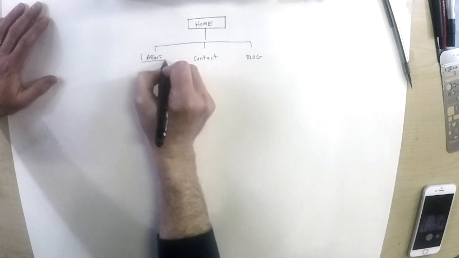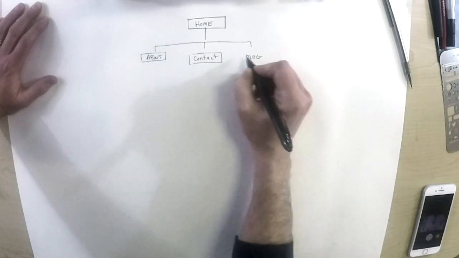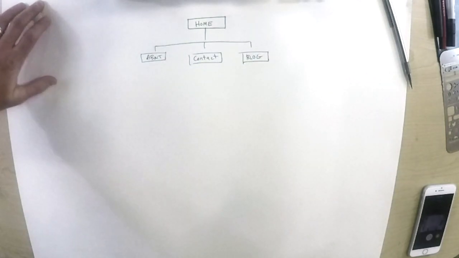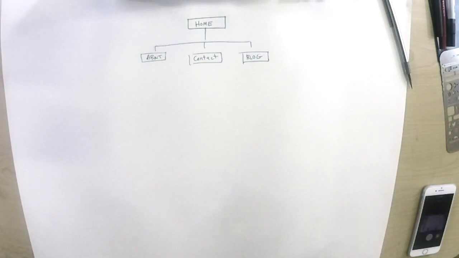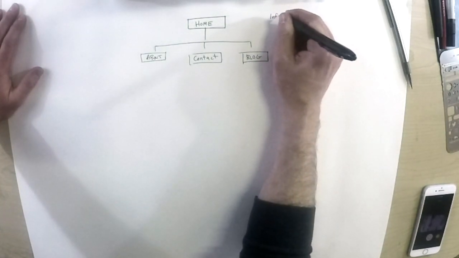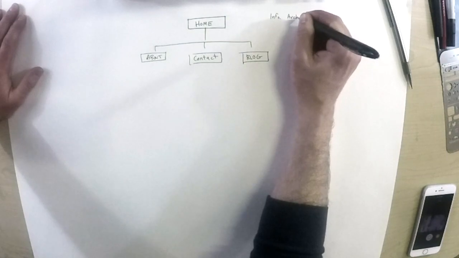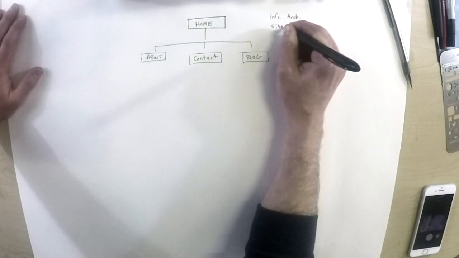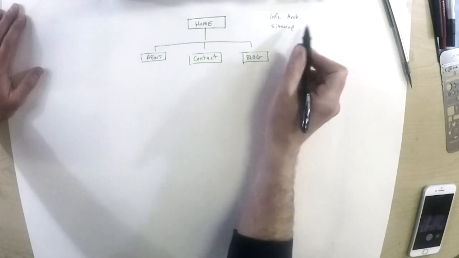The basic website, let's say. Okay, and so there I've created my sitemap or information architecture. And you could say, Nate, that could have been red.